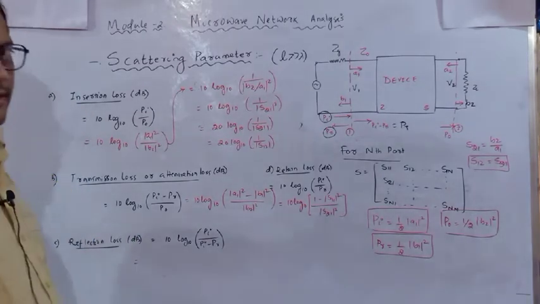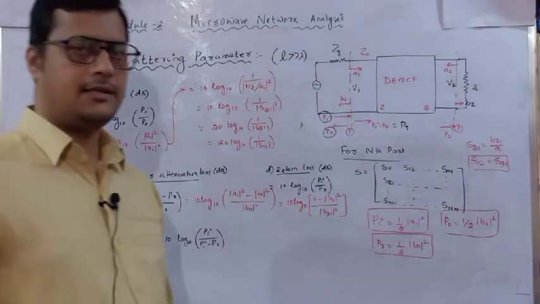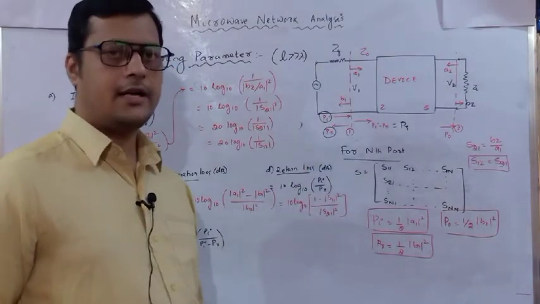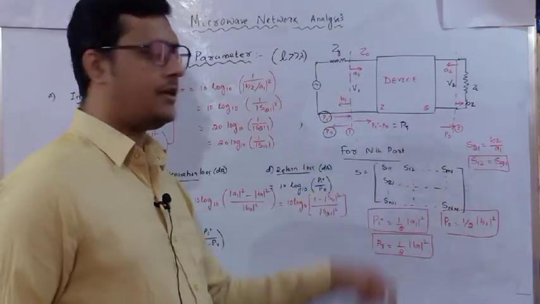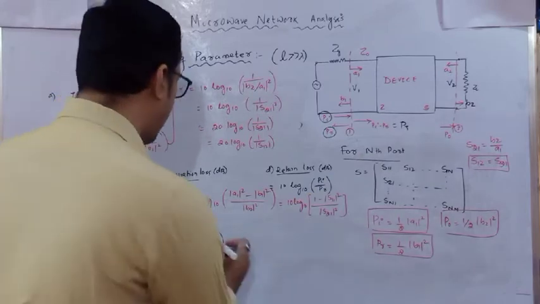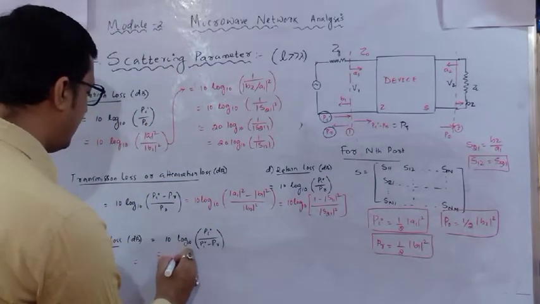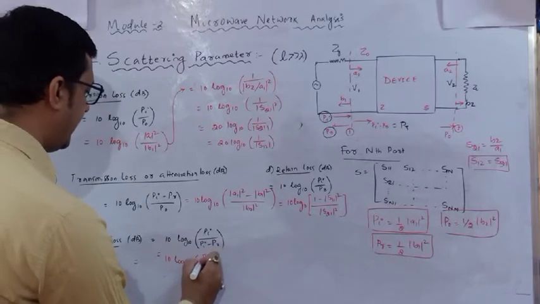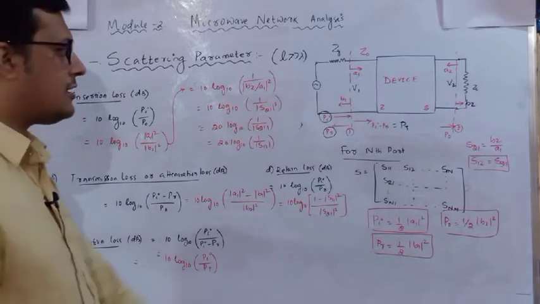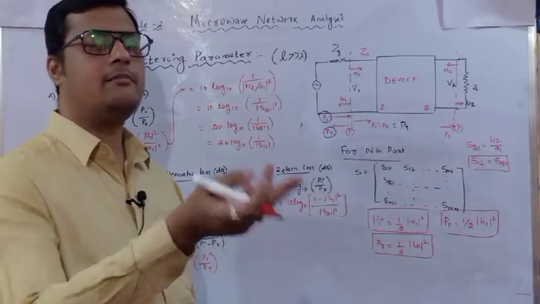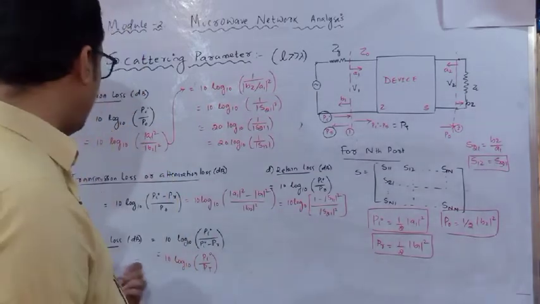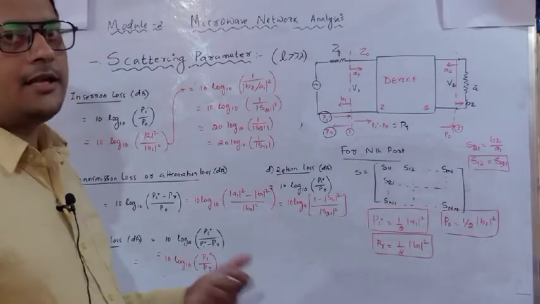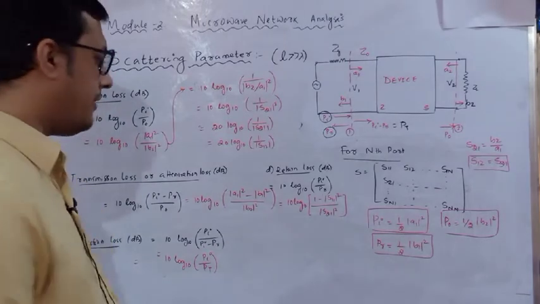Next, what is reflection loss? Reflection loss means incident power divided by the transmitted power. So if you take 10 log base 10 of incident power divided by transmitted power, the transmitted power is incident minus reflected. That will indicate how much reflection loss we are going to identify.